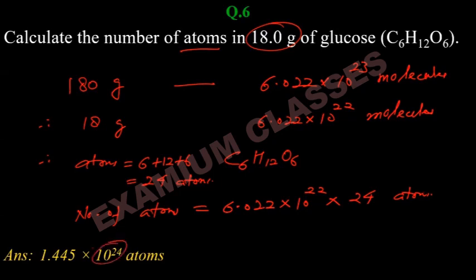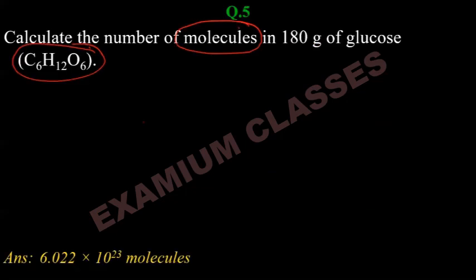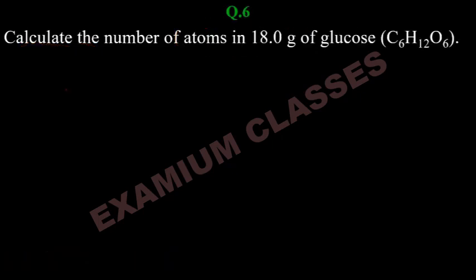Sir, can you re-explain this? Yes. What's happening here is that in the previous question you were asked about molecules, so the answer was very easy. But here you have been asked atoms, not in 180 gram, 18 gram only. So you have grams and you have molecules.